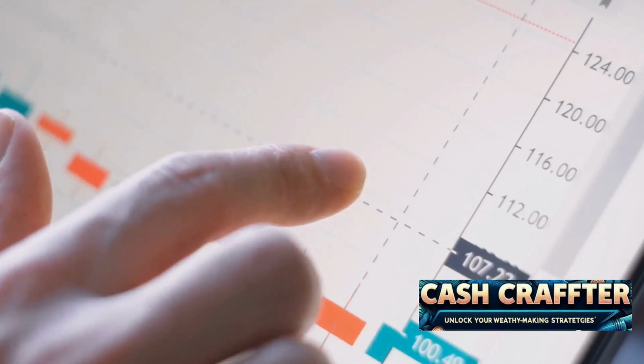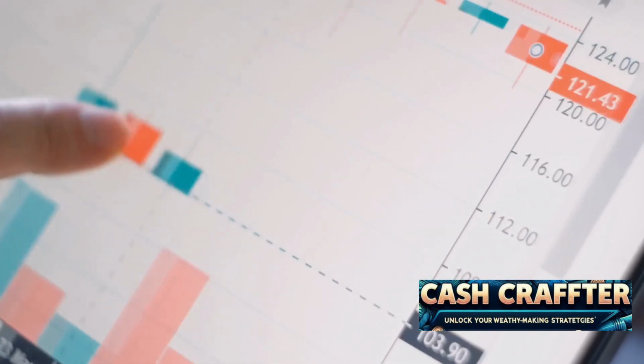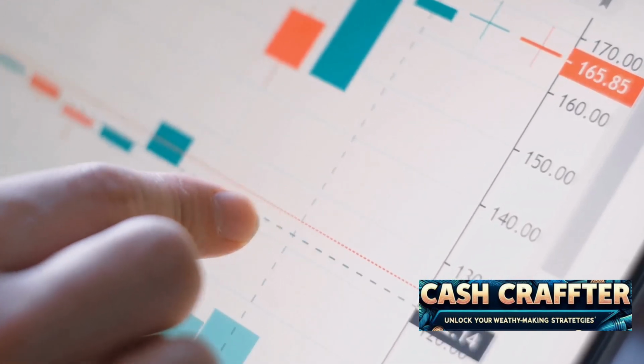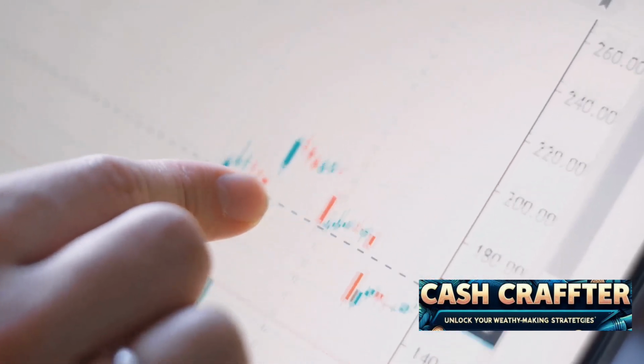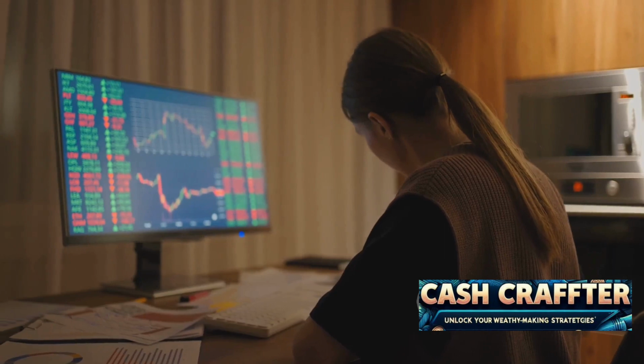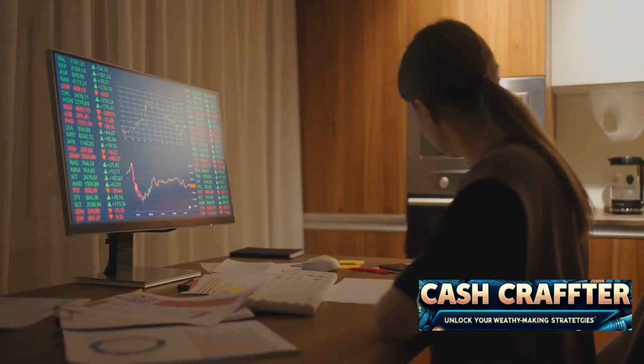On the other hand, technical analysis focuses on the study of price movements. This type of analysis utilizes chart patterns and technical indicators to predict future price trends. For example, if a currency pair's price has been consistently rising above its moving average, it might signal a bullish trend, suggesting it could be a good time to buy.